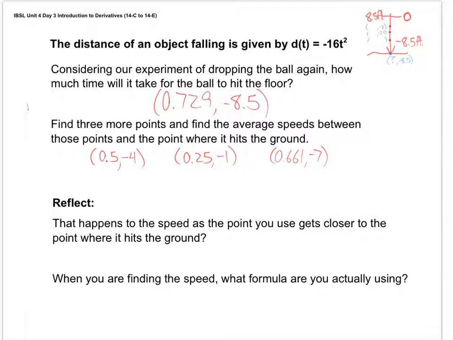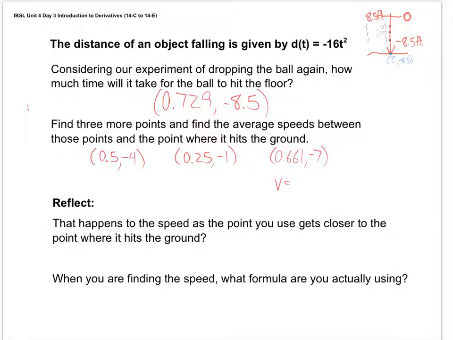So how would I find our average speed from, say, this last point here to where it hits the ground? How do you find speed or velocity? Distance over time. Okay, so how far does it go from here to the ground? 7 over 0.661.